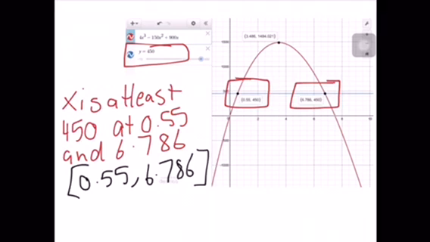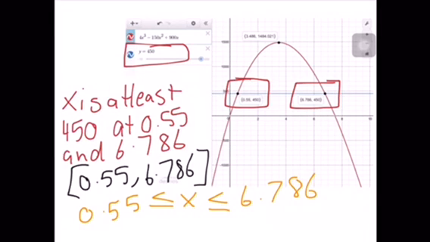And now as an inequality, 0.55 is less than or equal to x, and less than or equal to 6.786.